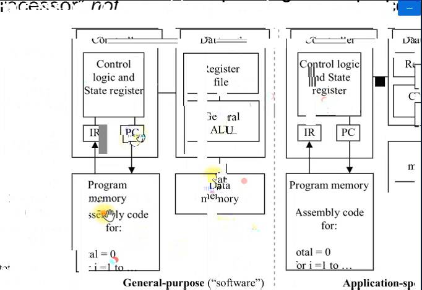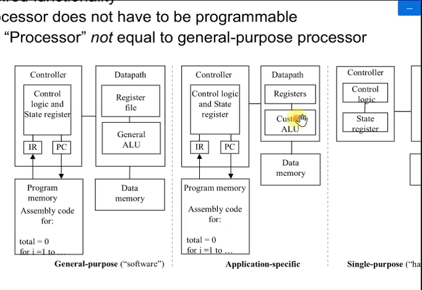Here the register is the same. This is the general ALU, meaning all kinds of possible operations will be done in the general arithmetic logic unit. But in case of the custom ALU, it is capable of performing only specific operations.